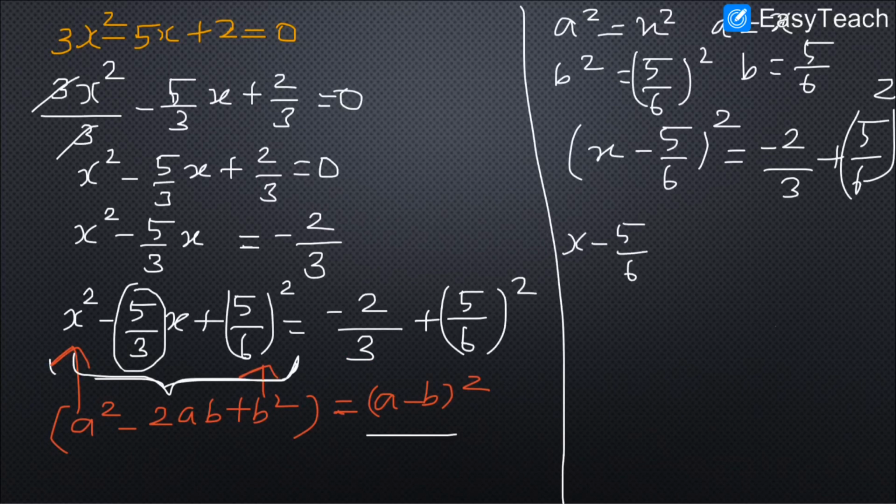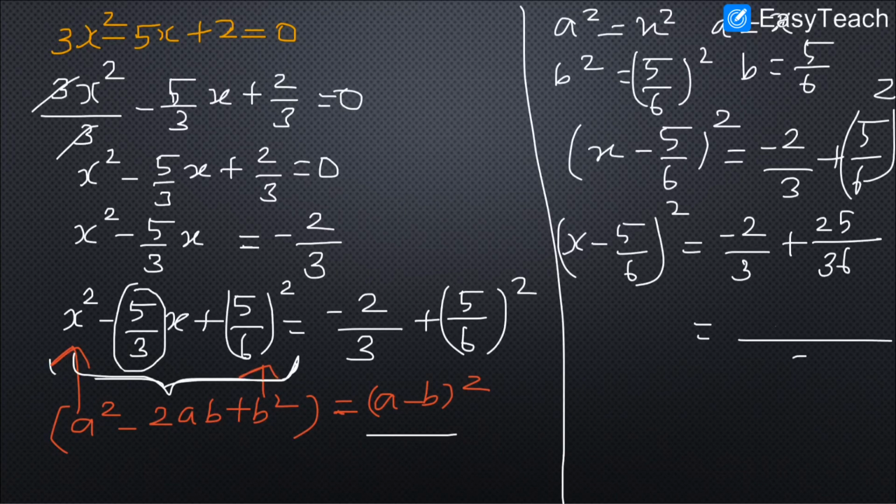So x minus 5 by 6 the whole square equals minus 2 by 3 plus, 5 into 5, 5 square is 25, 6 square is 36. Now I am taking the LCM, which is 36. So I should multiply minus 2 by 12, then only I will get 36. So 2 12s are minus 24 plus 25. The common denominator is 36, LCM is 36. And the next step, 1 by 36.